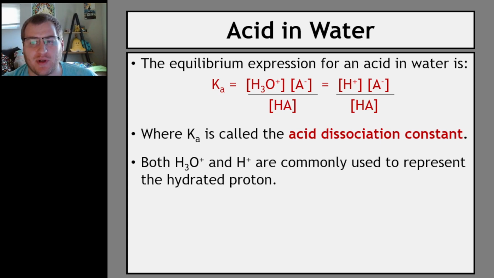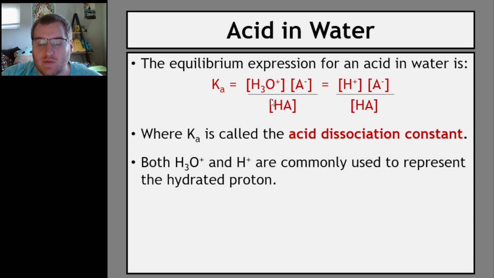Now you also might be wondering why there's two different equal signs here. The differences between these two are H3O plus and H plus. Those two are identical ways to say the same idea. H plus and H3O plus. This is just H plus with a water molecule attached to it, so it just has an extra H2O.